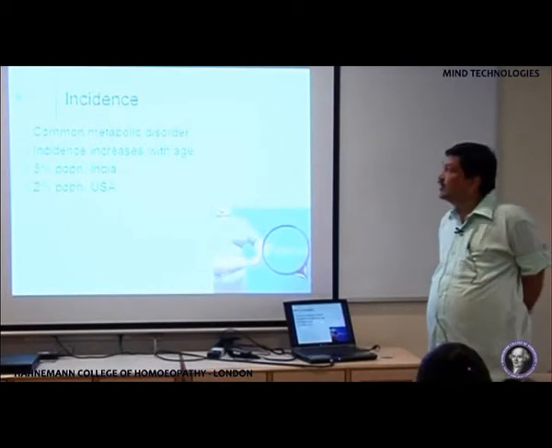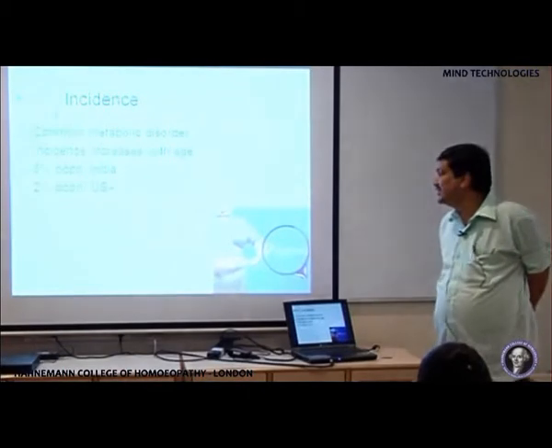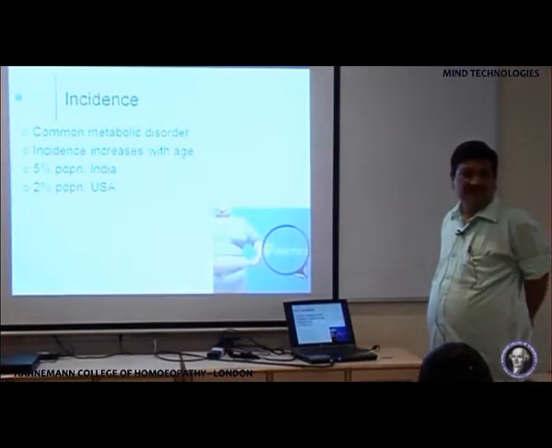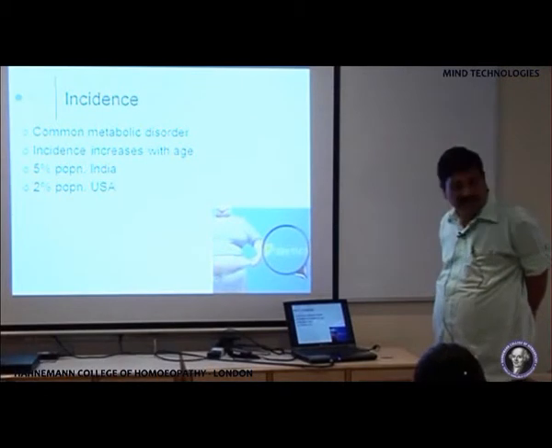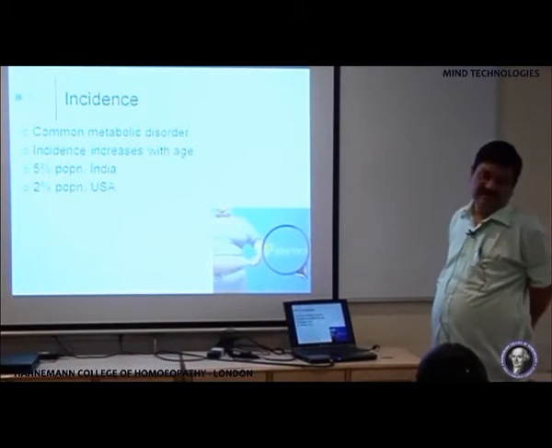It's the most common metabolic disorder seen the world over. The incidence of diabetes mellitus increases with age. 2% of the population of the USA suffers from diabetes, and it is now estimated that nearly 5% of the population of India is suffering from diabetes mellitus.